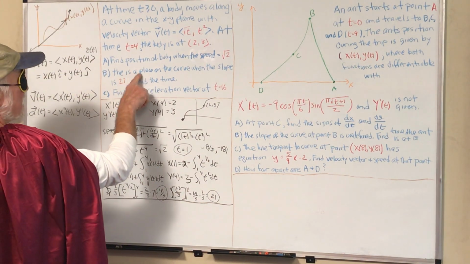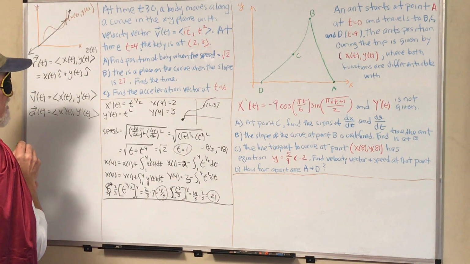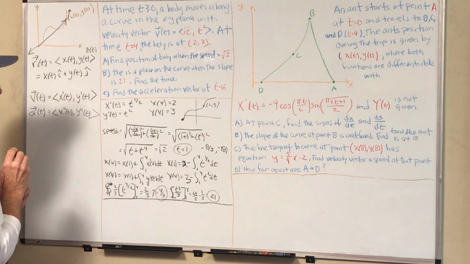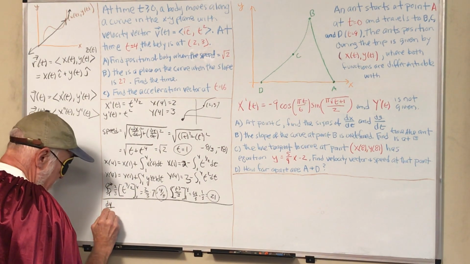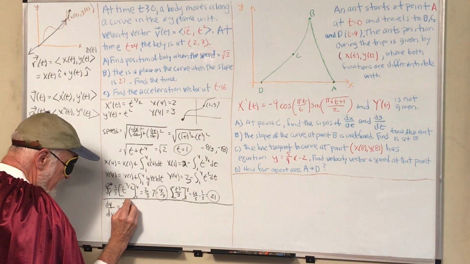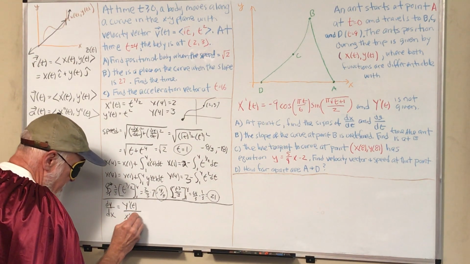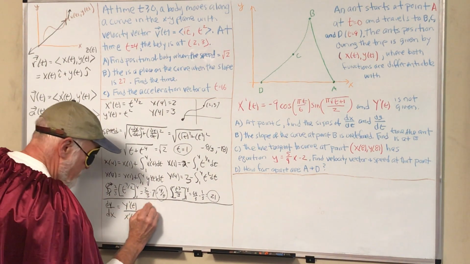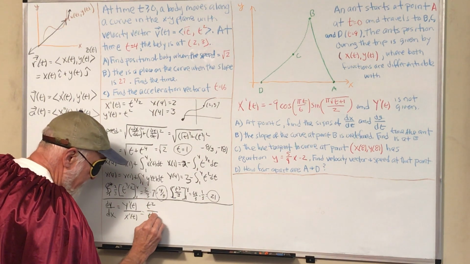Find there's a place on the curve where the slope is the square root of 27. So it gets really steep at some point, and we want to find the time. So we know the slope, dy dx, is dy dt over dx dt, or y prime of t over x prime of t. And y prime of t is t squared, and x prime of t is t to the 1/2.